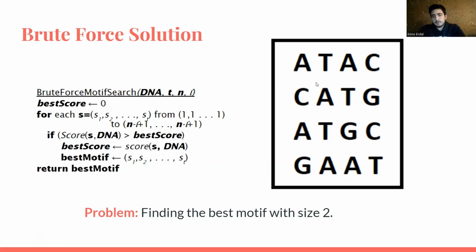For example, at the first stage, we are finding the best motif with size 2. So at the first stage, the first one is AT. The second sequence is CA. The third is AT, and the fourth is starting from GA.